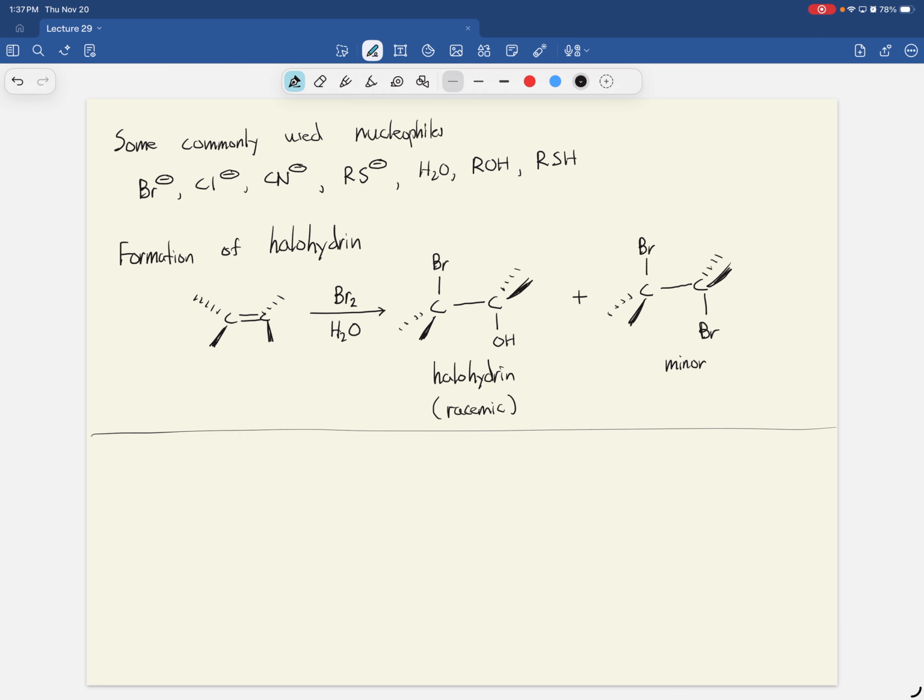Anyway, useful intermediates in making epoxides. So in general, these intermediates can be useful to make epoxides or any ring structure, like a cyclic ether.